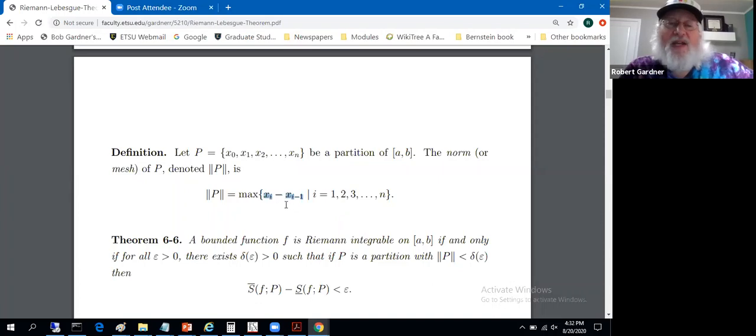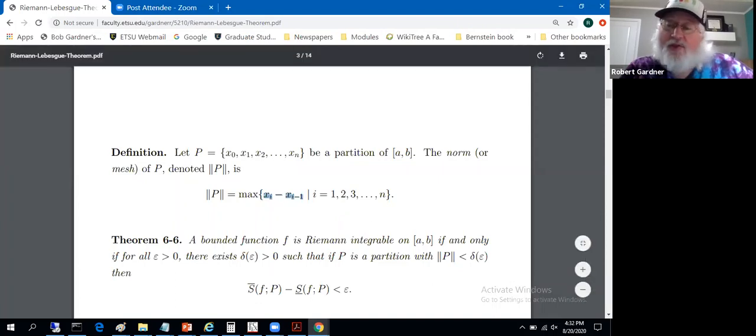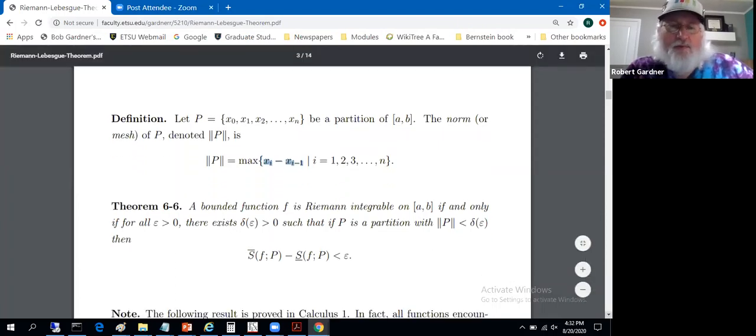So big norms are bad. If we have little norms, that means all of these little subintervals must be little. So making the norm small means the estimations in terms of Riemann sums will be better approximations to actual integrals.